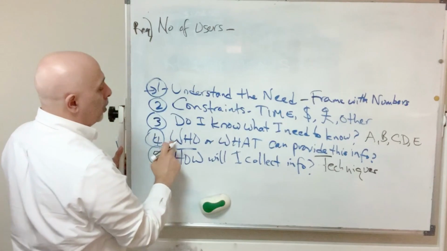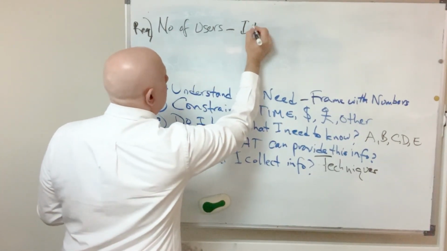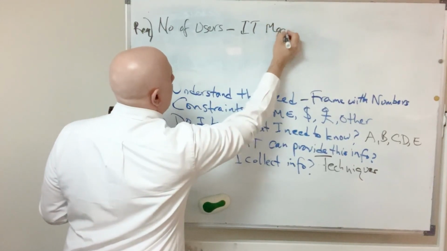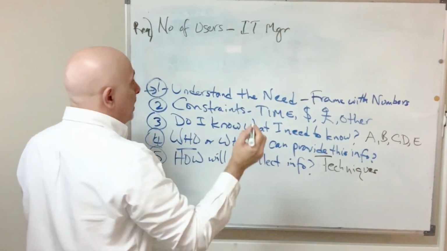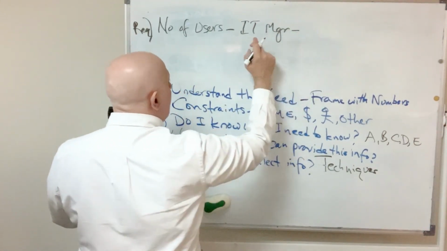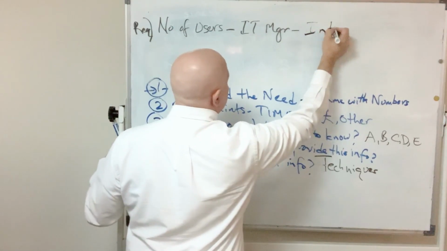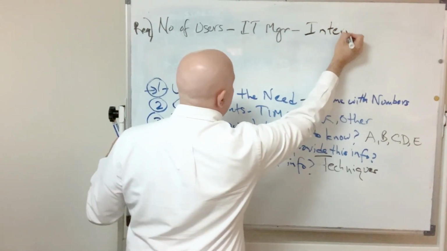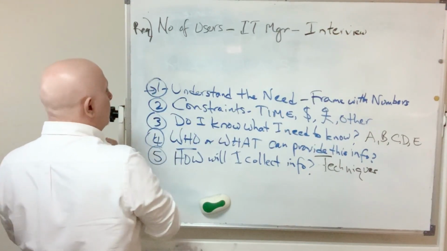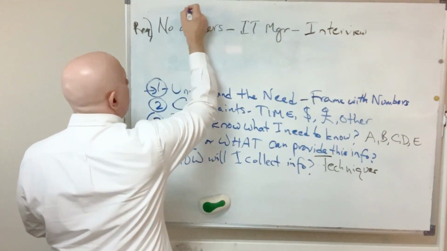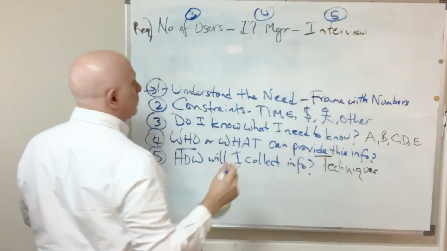Then in step number 4, who, let's just say IT manager is going to be the person that provides that information. Then the next step would be, how do I get this information from them? So now we have an interview. All right, so if I want to link them, that's your step number 3, that's your step number 4, that's your step number 5 there.